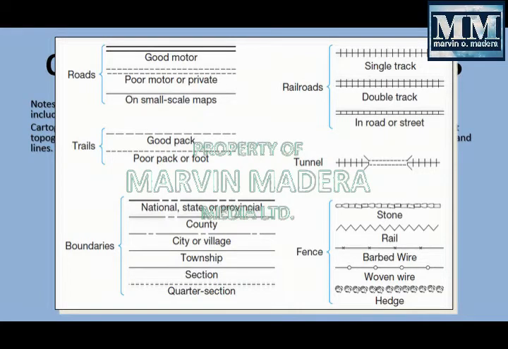Railways or railroads are represented by a line with perpendicular lines on it. Tunnels are represented by a broken line like a bridge, but only using a broken line. For fences, there are different kinds of representation in actual maps. Boundaries are mostly represented by a line or a semi-broken line.